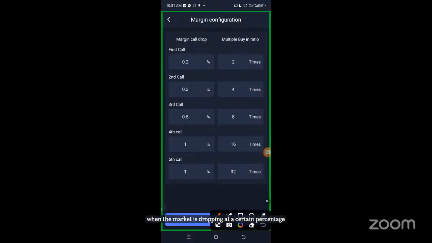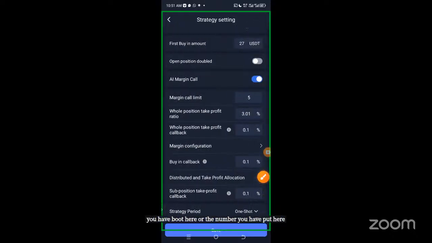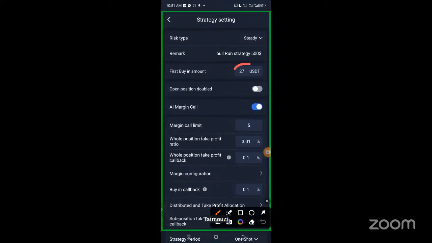But remember this, the word is multiple buy. It means the robot is multiplying. Multiplying what? It multiplies the number you have put here times your first buy in amount.